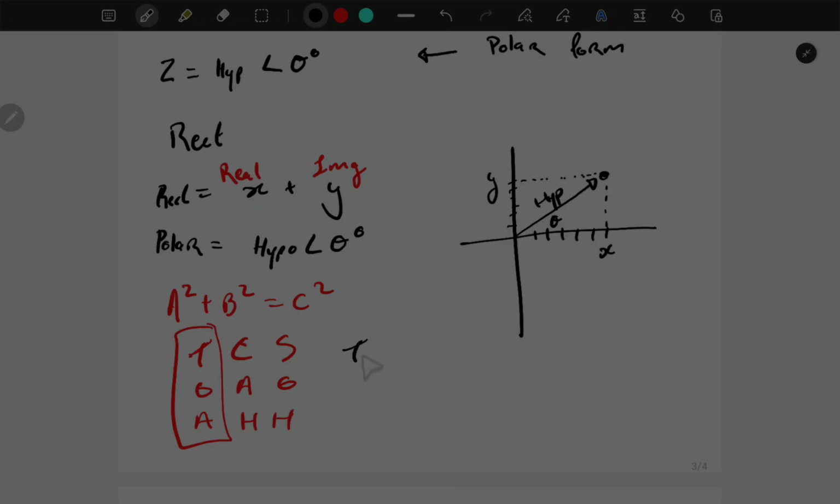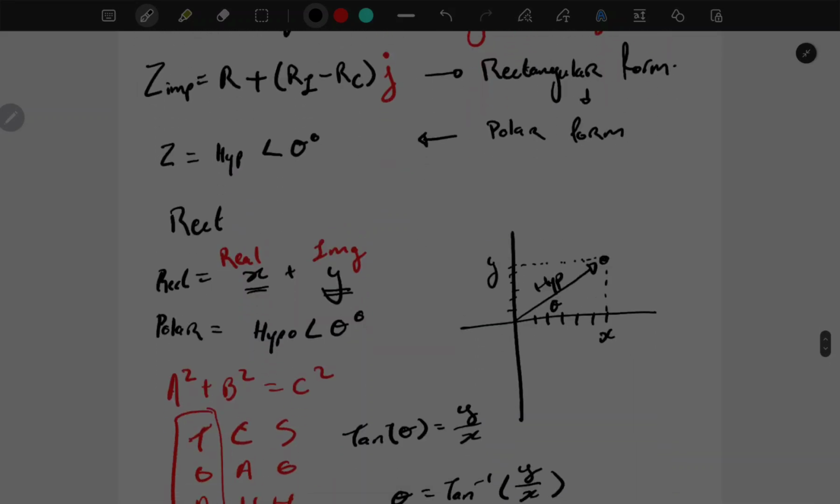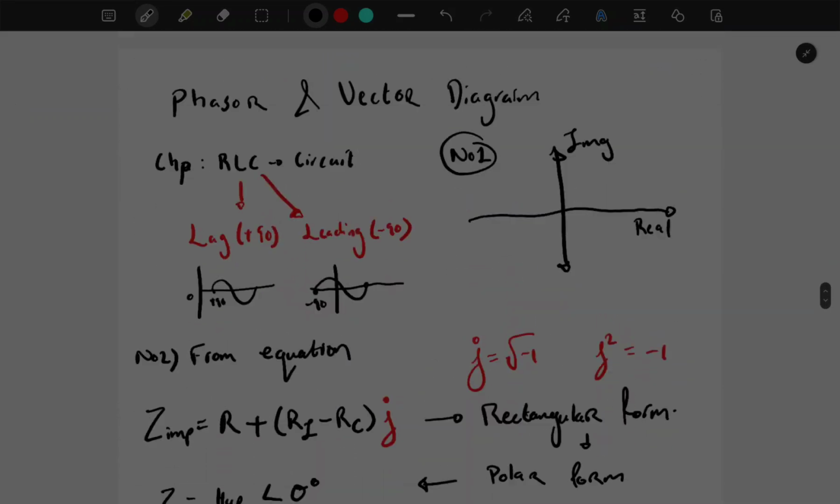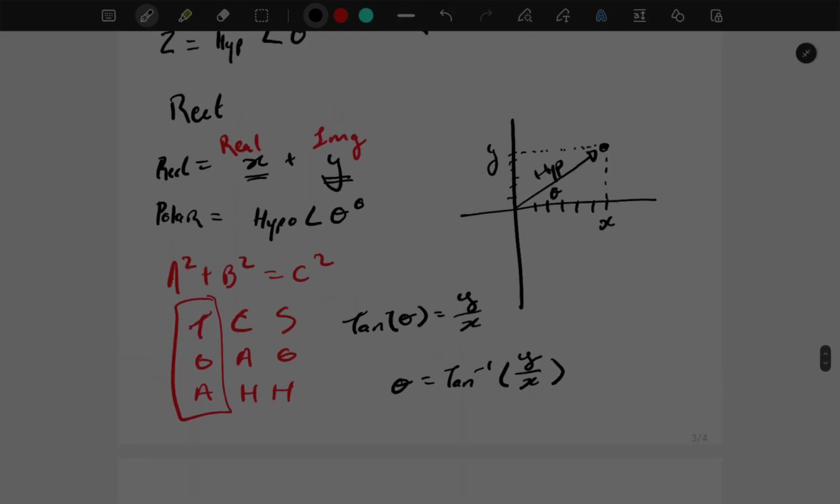Normally we would use tan, so tan theta is equal to opposite, which is y, over adjacent, which is x. So theta is going to be tan to the minus 1 of y over x, and we get our y from here and our x from there, and that's how we convert between rectangular and polar. Also, I explained in the previous class how you can use a university calculator to calculate your answers, but if you are not given that calculator, then you would have to do it manually and work out each step.